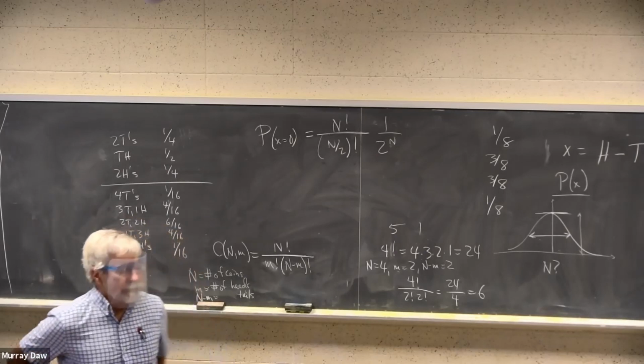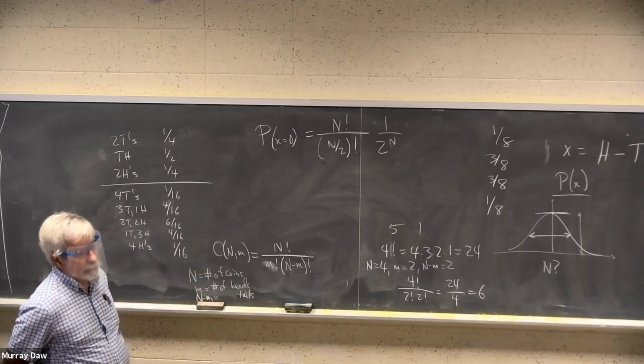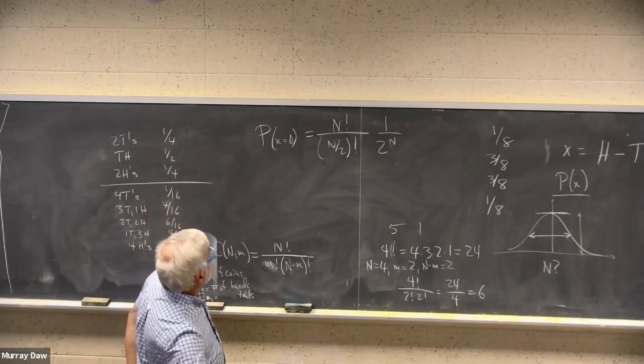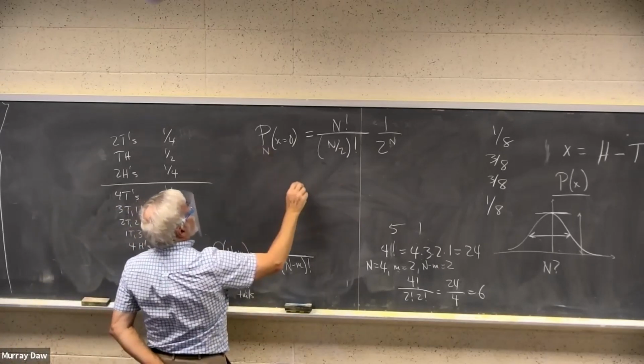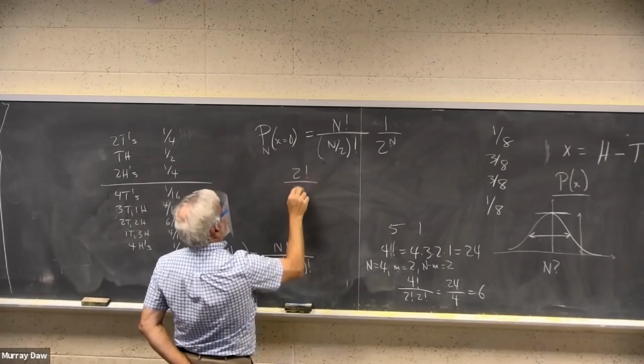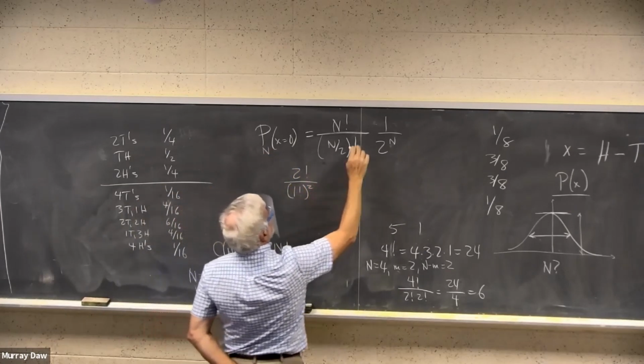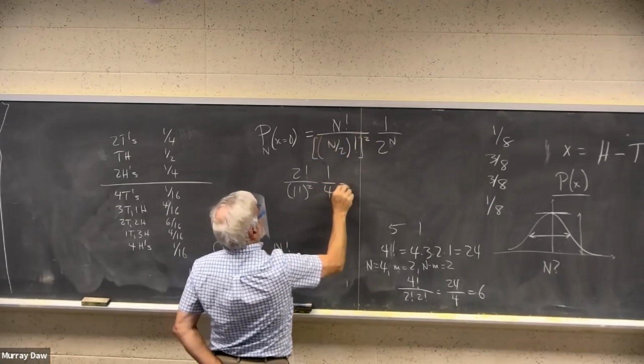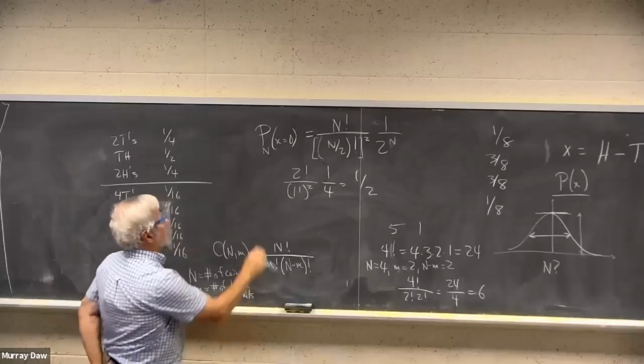Flip 2 coins, you have half a probability of being at center. Yes, right. So for n equals 2 coins, this is squared.